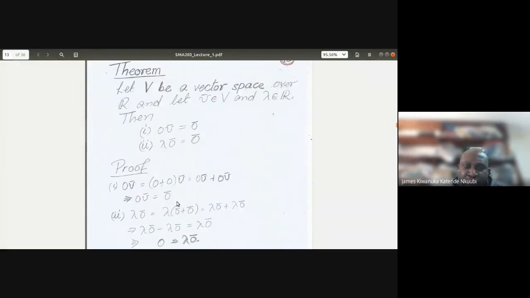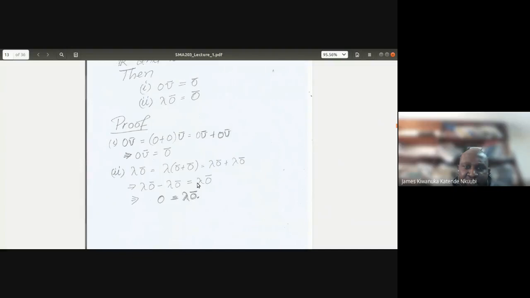So the proof for these properties follows. We'll not work on the proofs. You can look at them later in your own time and try to study them. Or maybe you can look at the first one. The first one says 0 V is equal to, we can replace the number 0 by the sum of the two numbers 0 and 0, and use a property that if you add two numbers and you multiply by the vector, then they should be equal to 0 multiplied by the vector and 0 multiplied by the same vector.